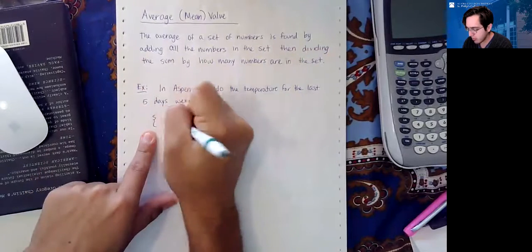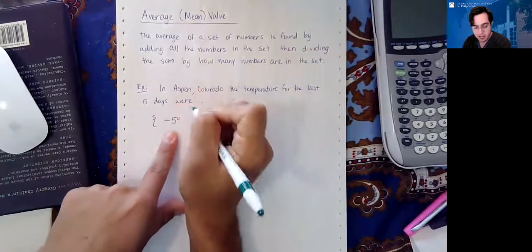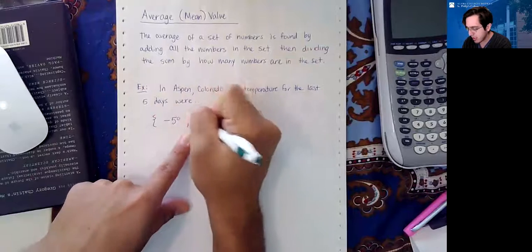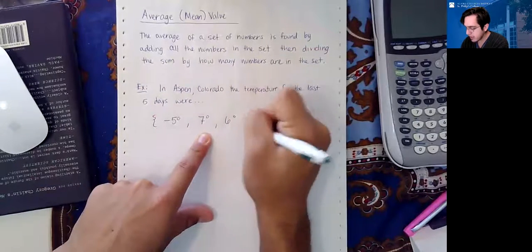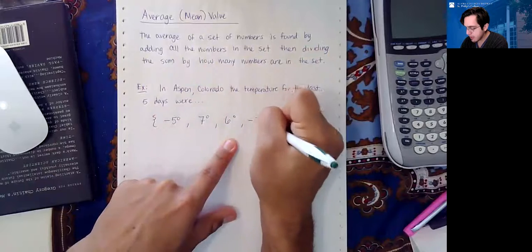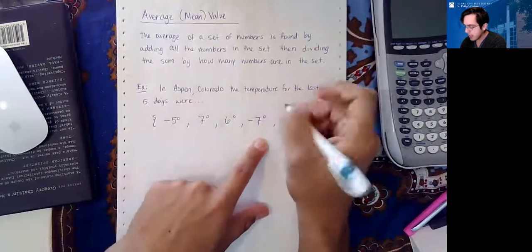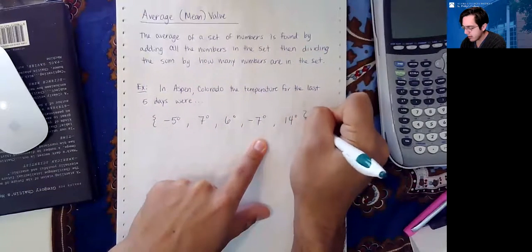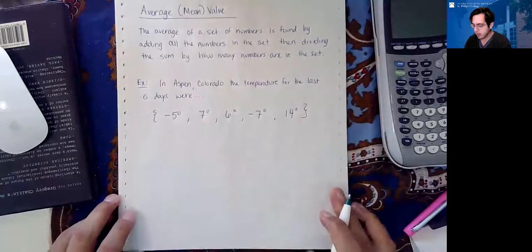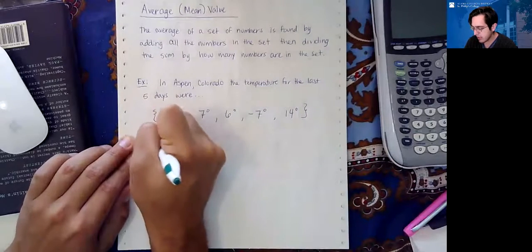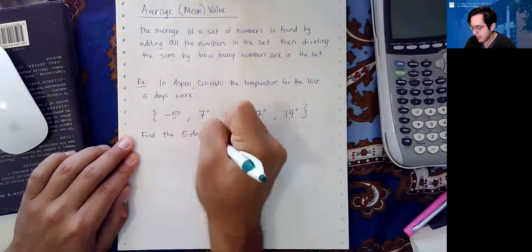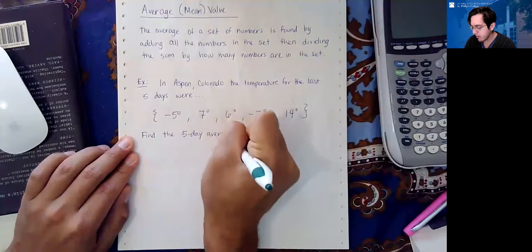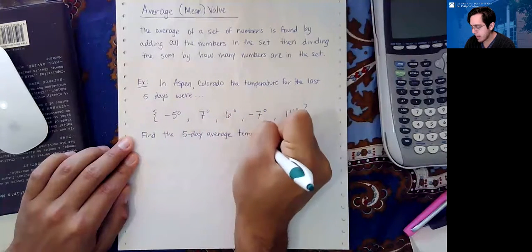So let's say one day was -5 degrees Fahrenheit. We had a 7-degree day, a 6-degree day, a -7-degree day, and then a 14-degree day. Okay. And we need to find the 5-day average temperature.